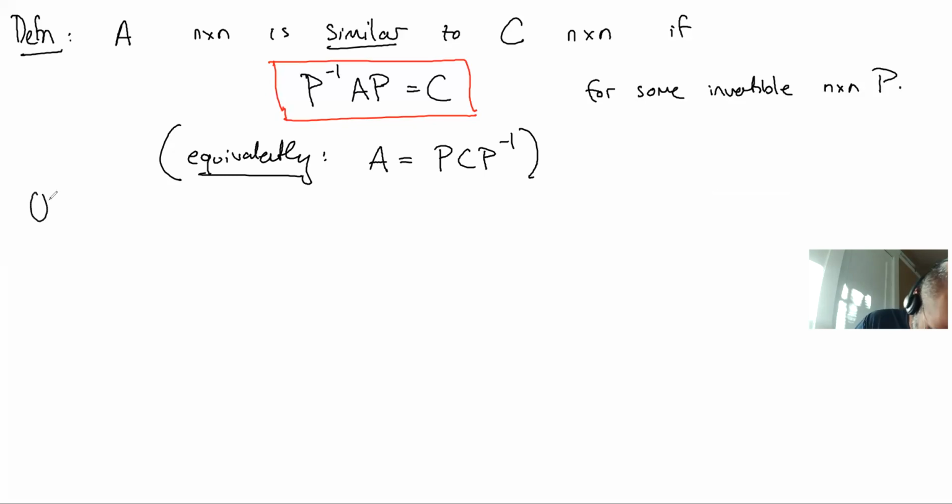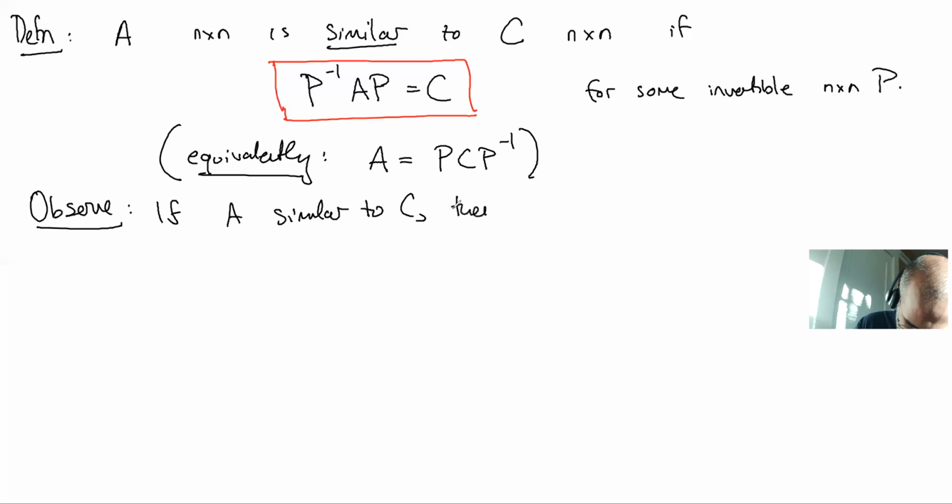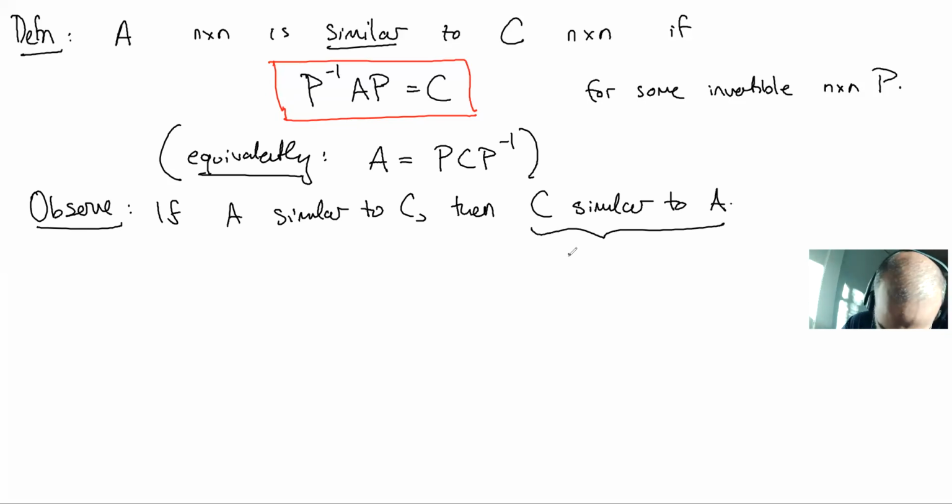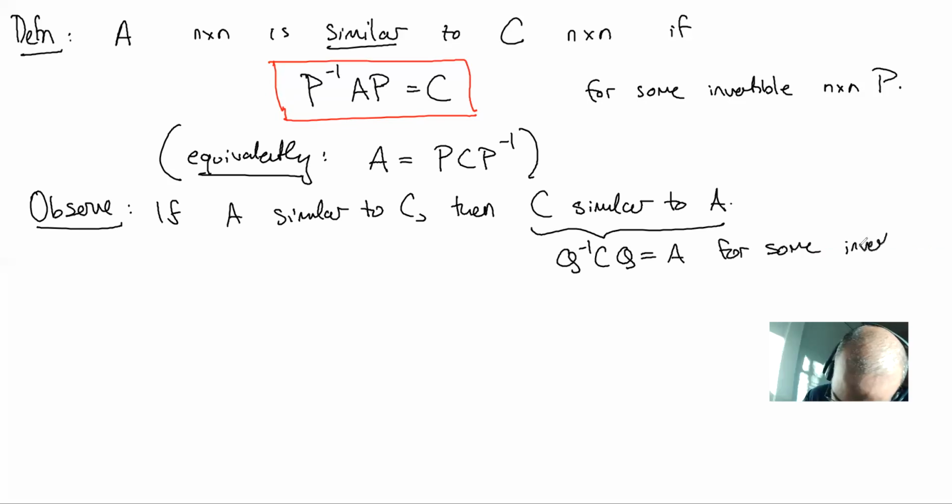Now, observe that this definition is symmetric in the sense that if A is similar to C, then C is similar to A. Why is that? C is similar to A would mean that there's some matrix Q so that Q inverse CQ equals A. You can just set Q equal to P inverse.